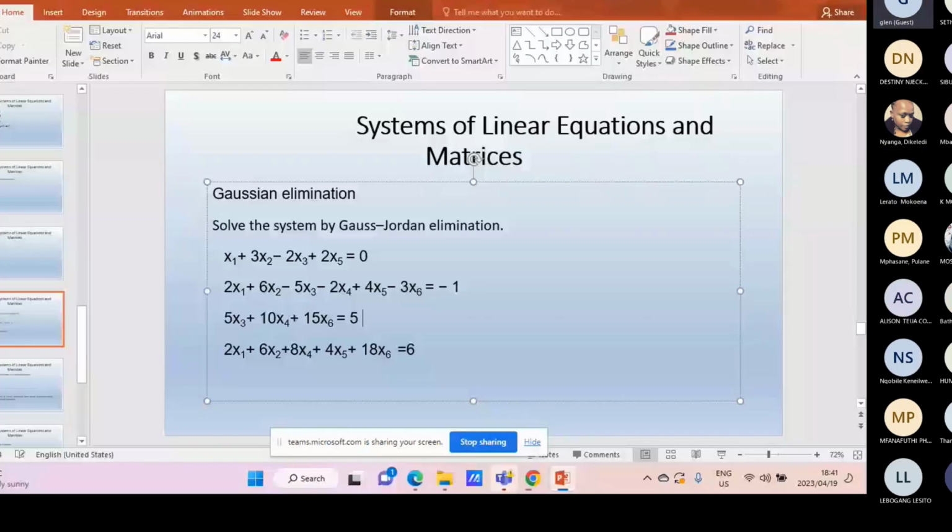Thank you. Please make sure that from the system of equations, you have the correct matrix, because if it is different, you will obviously have different answers.